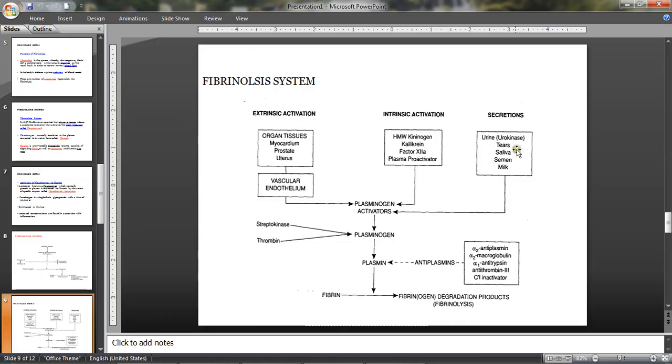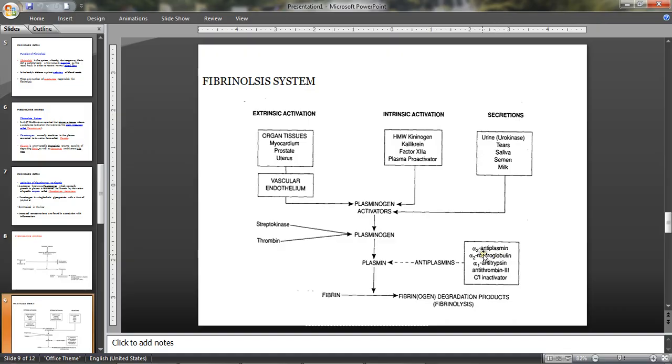In the secretions like urine, tears, saliva, semen, and milk, they also contain the plasminogen activators. Now these plasminogen activators again act onto the plasminogen to convert into plasmin, but the inhibitors of the plasmin are also present in the circulation.